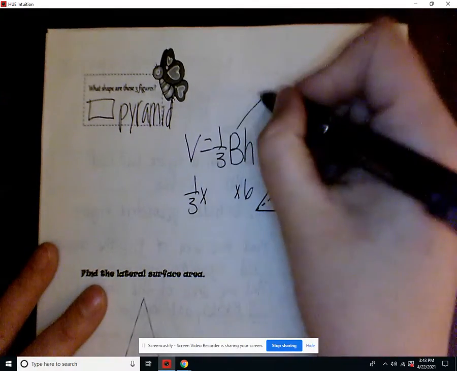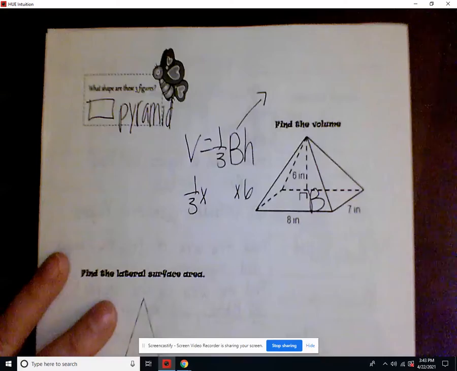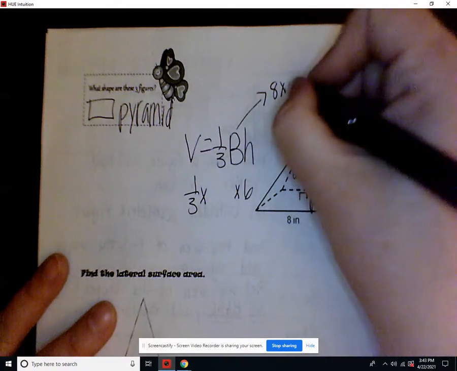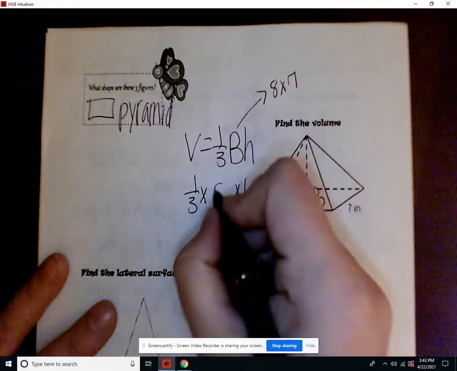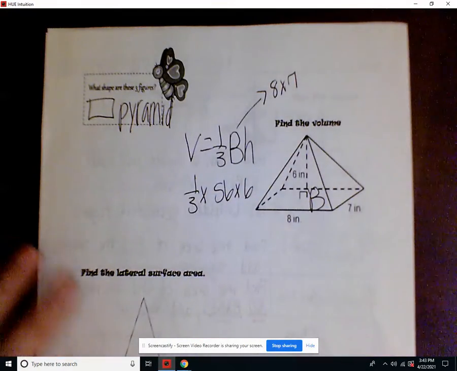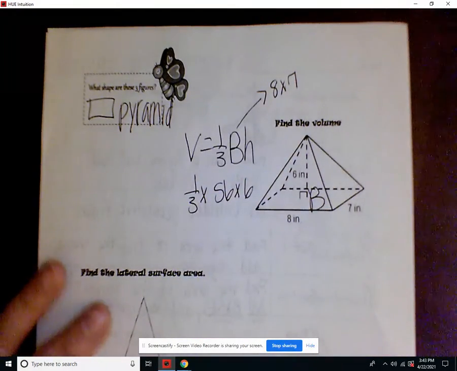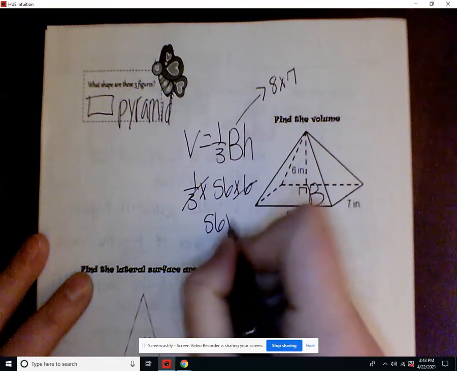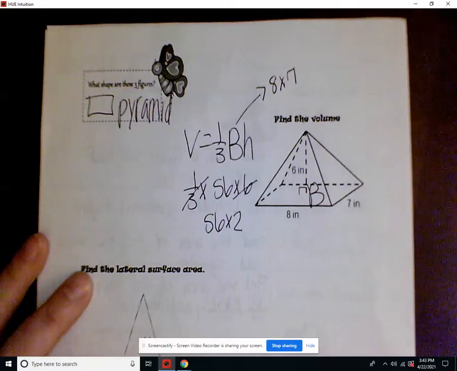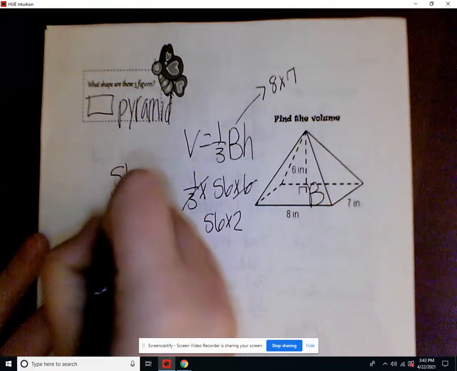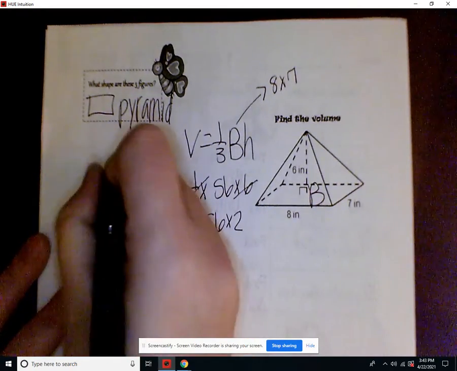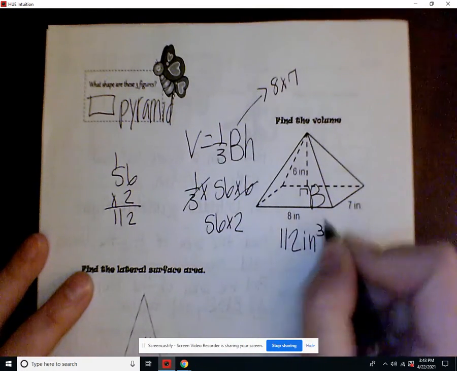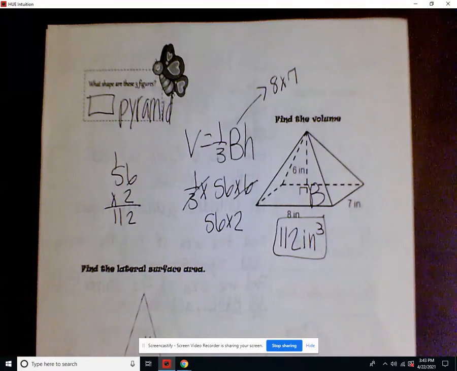So I'm going to find my B. Since it's a rectangle, we're just going to multiply them together. So 8 times 7, which is 56. And then since I have 1/3, I can divide 3 into 6, which is going to make it 2. And then I'm going to multiply 56 times 2. And we get 112 inches cubed, since it's a 3-dimensional shape.